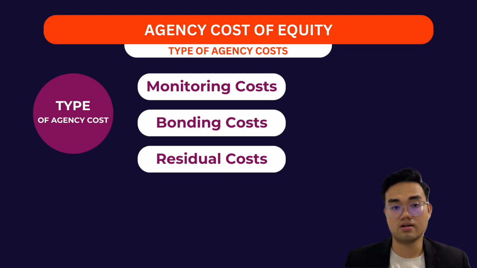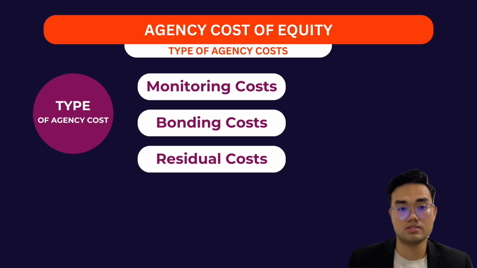The second one is bonding cost, which is costs managers incur to assure shareholders that they are working in their best interest, including contractual commitments, performance-based compensation, and restrictive covenants. And the third one is residual loss, the reduction in firm value that occurs even after monitoring and bonding costs due to managers' actions that are not perfectly aligned with shareholders' interest.